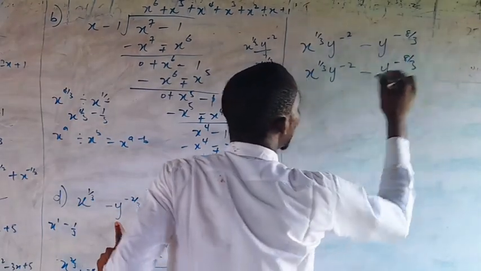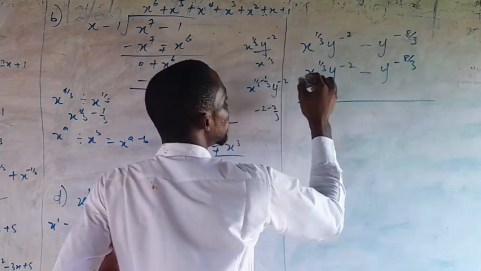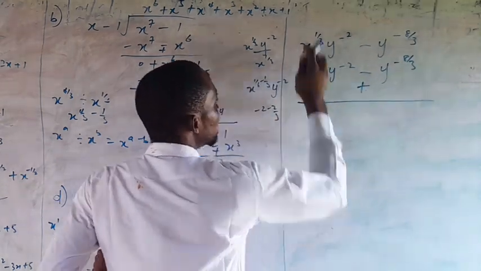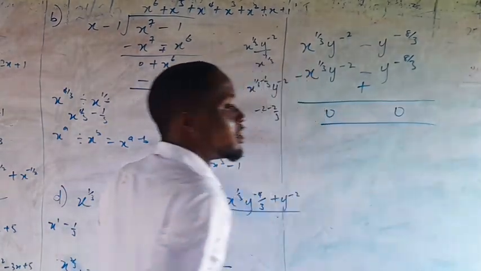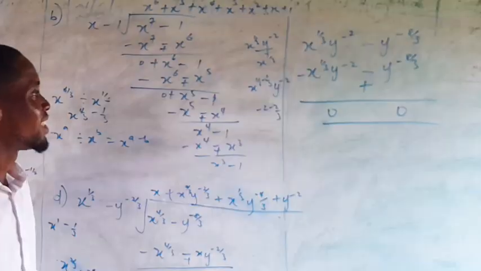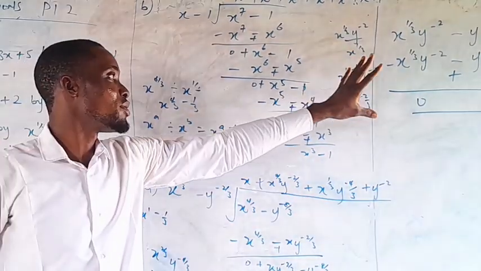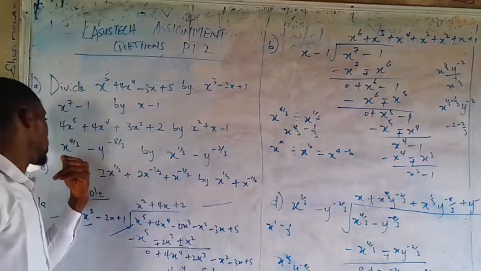And I believe this should be the end of our solution. So on subtracting, this becomes 0, this becomes 0. As simple as that.